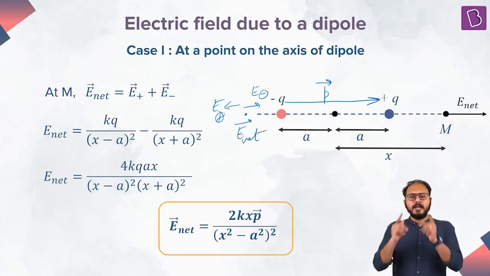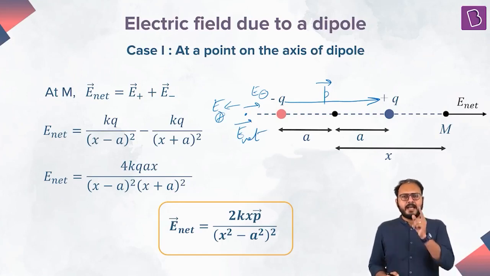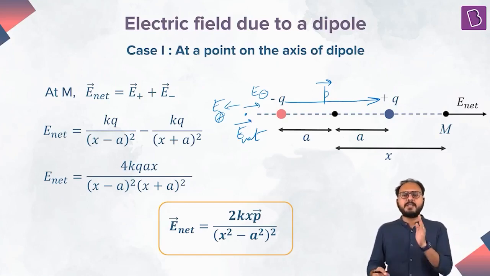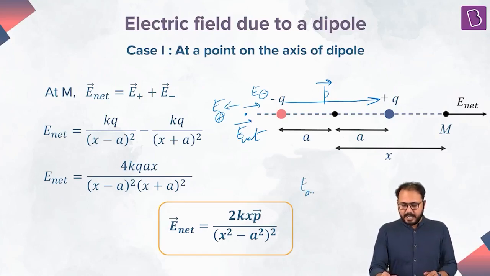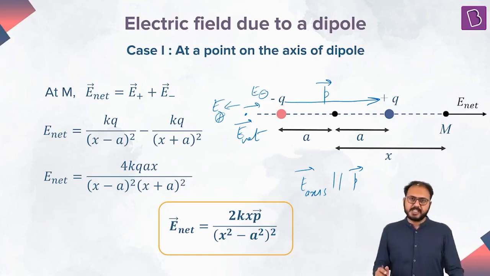In other words, along the axis of an electric dipole, the direction of net electric field is always parallel to the dipole moment vector. Understood? E axis is always along the dipole moment vector. Understood? Perfect. The expression is fine.